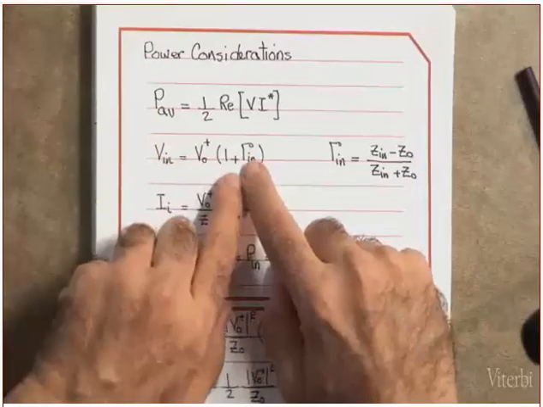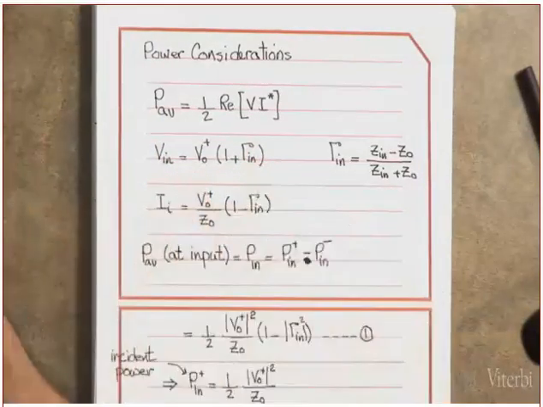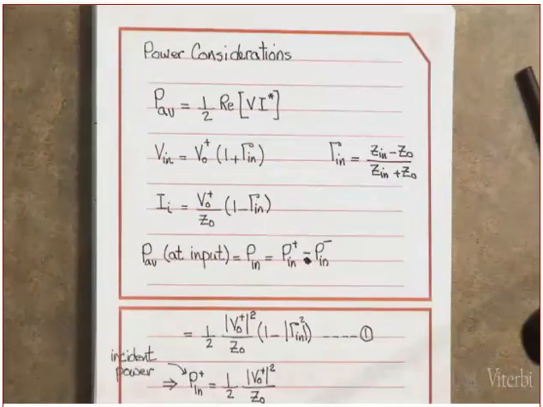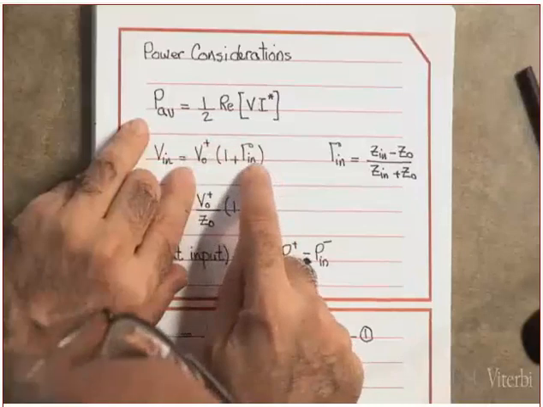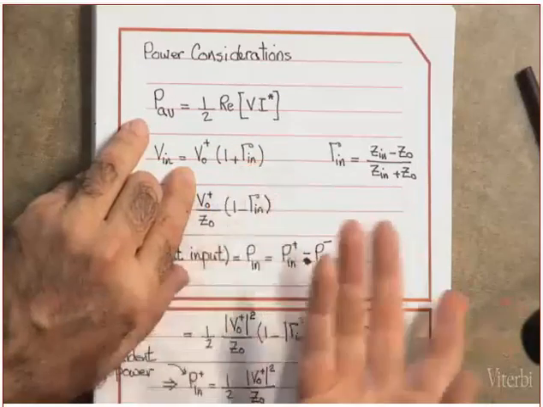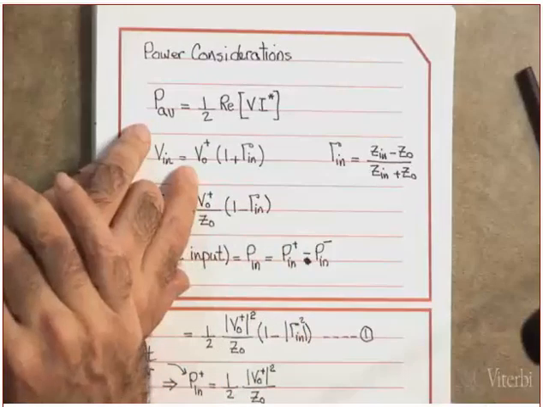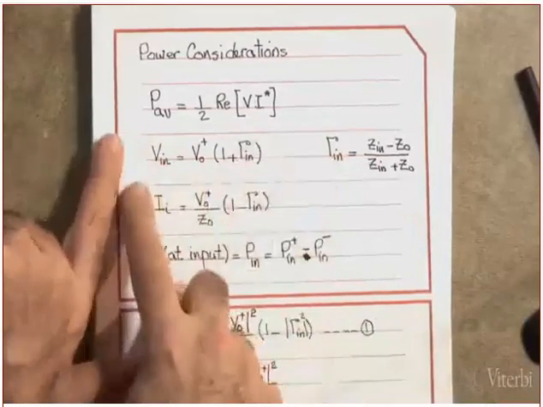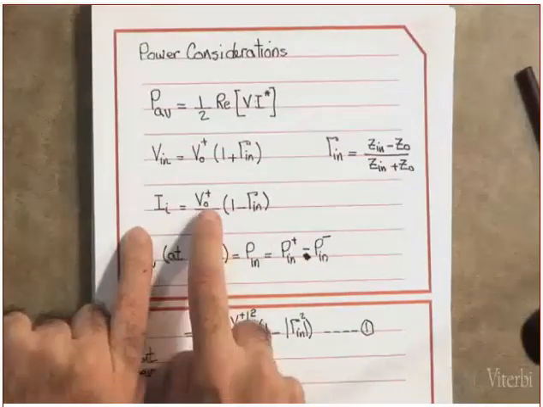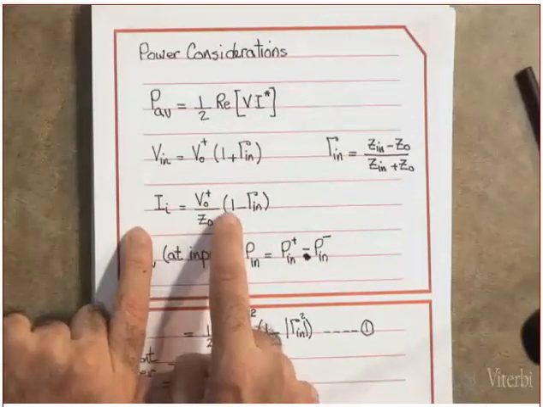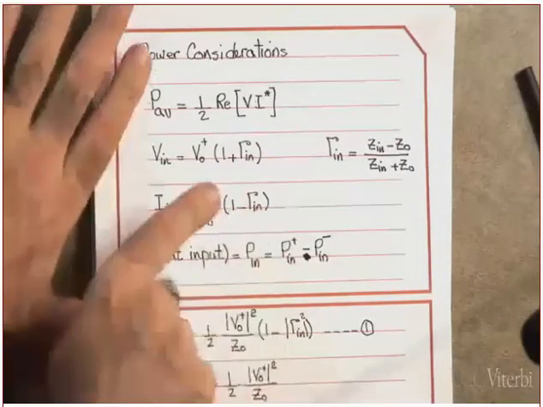What did we designate it a moment ago? The gamma N V0 plus is the V0 minus. Okay, that's the reflected. This one is the incident. This is the total voltage. What is IN? V0 plus over Z0 times 1 minus gamma N. Why? One more time. Why is it gamma N? I am looking at where?